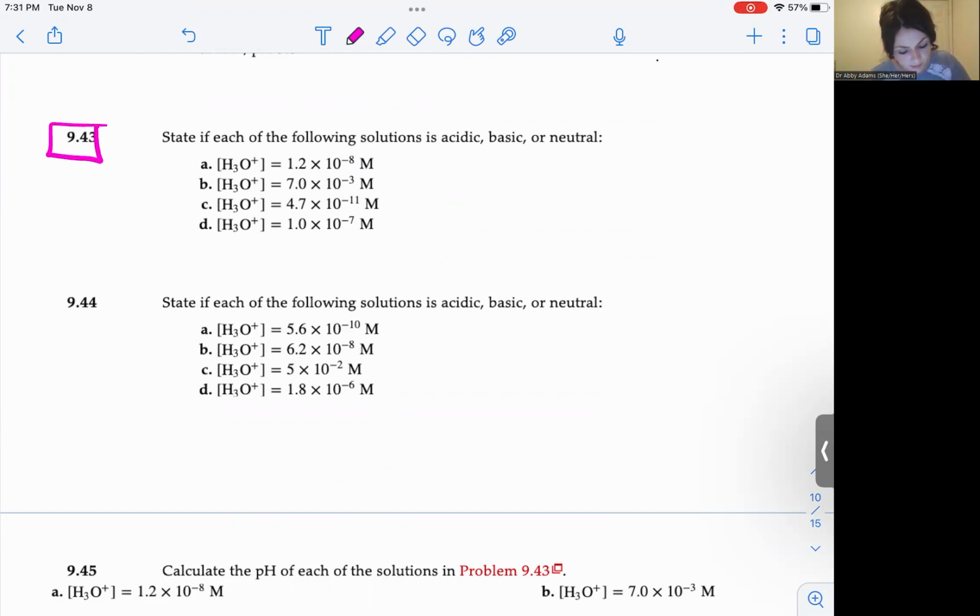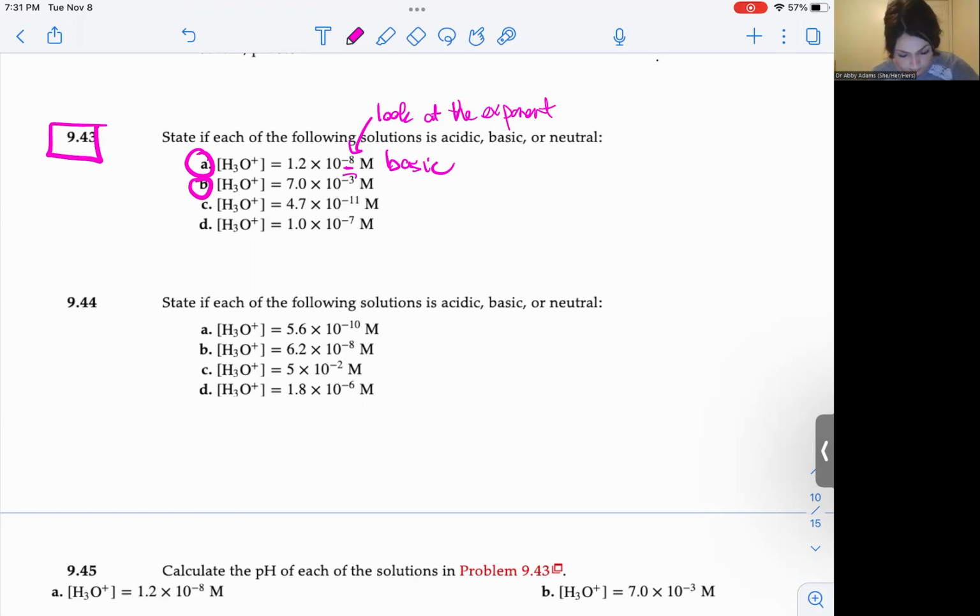So let's see what we have here. Basically all you have to do in this one is look at that exponent. So look at the exponent. All right, so we've got 10 to the -8. That is going to be basic. And you have everything that you need to enter this in your calculator also, right?